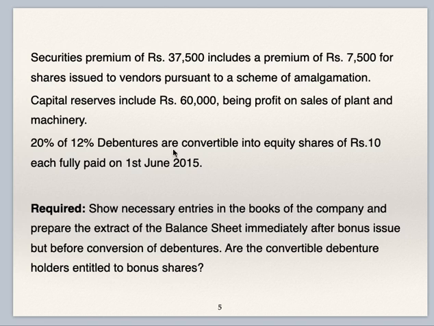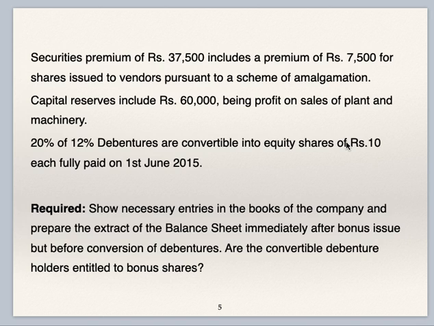20% of 12% debentures are convertible into equity shares of rupees 10 each fully paid on 1st June 15. So you have been given 12% debentures value, which is 7,50,000. 20% of 7,50,000, that is 1,50,000 worth debentures will get converted into equity shares on 1st June.